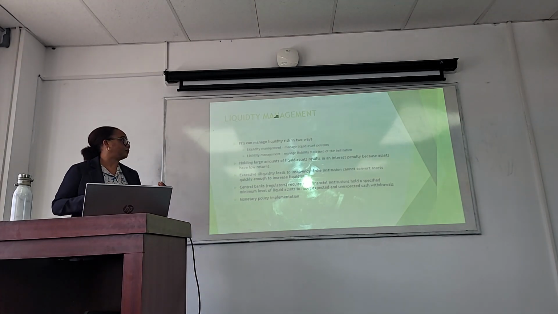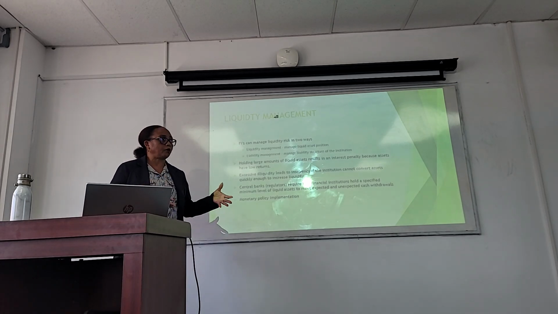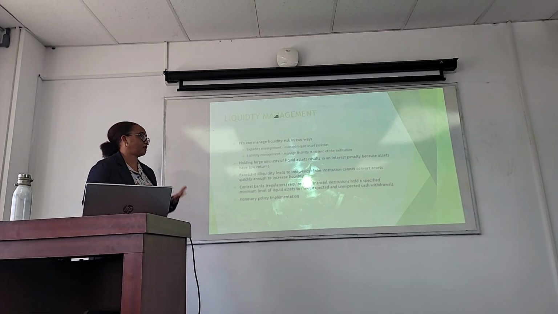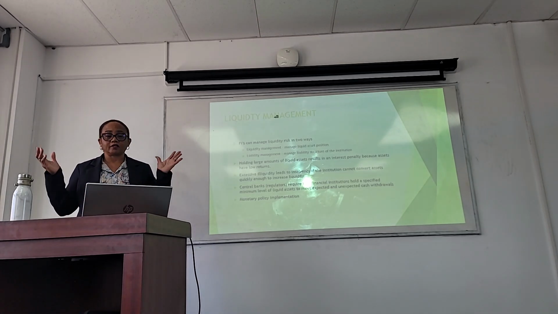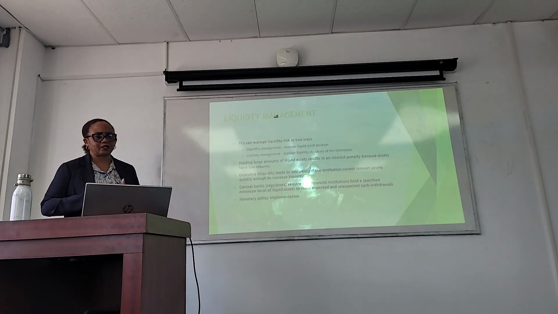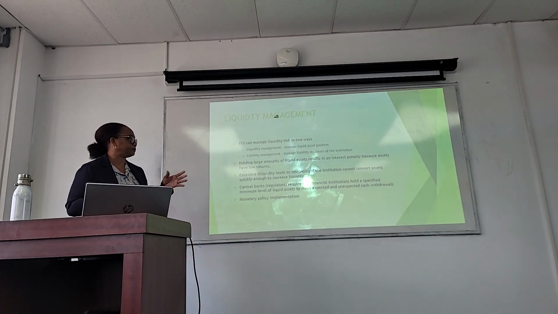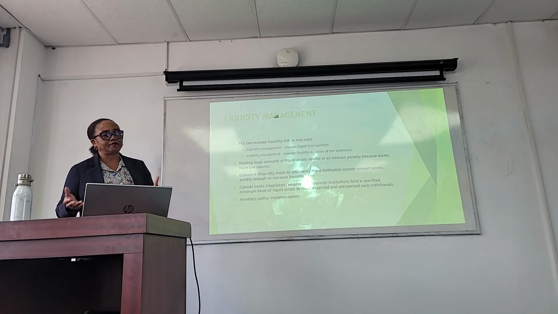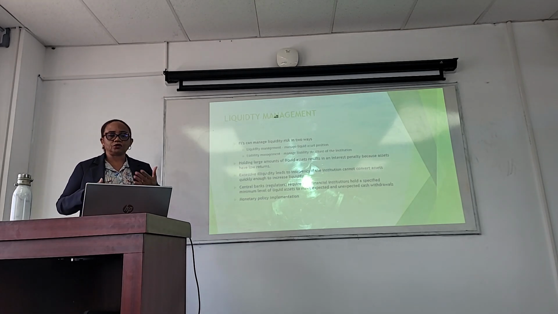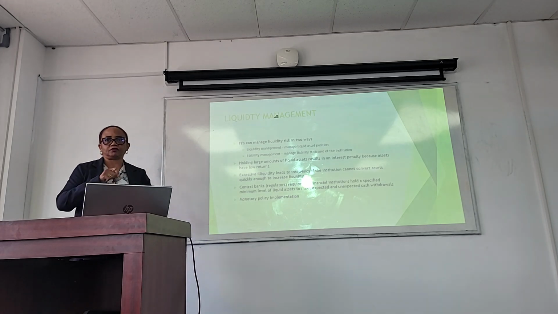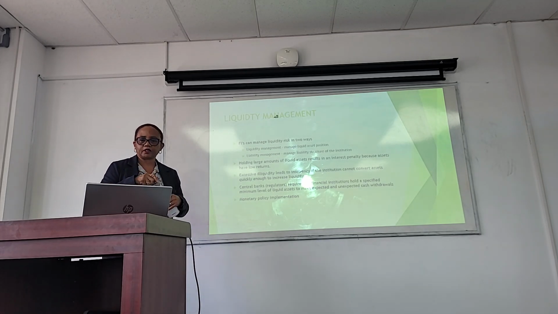Also, if you don't have liquidity, you're going to have to sell off assets at fire sale prices, which means you're going to lose a lot on those assets. With excessive illiquidity, you're going to have that insolvency because you're not able to sell those assets quickly enough to increase your position.